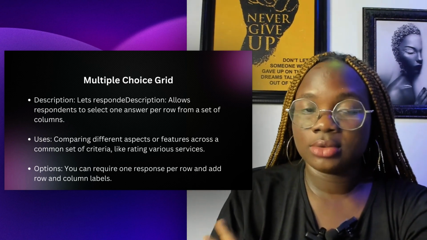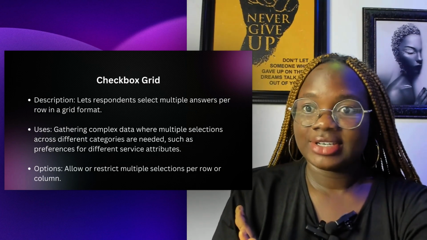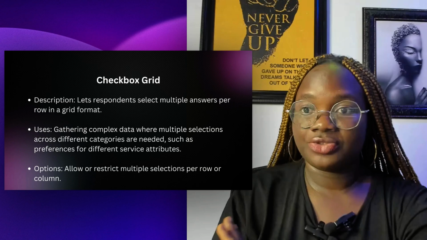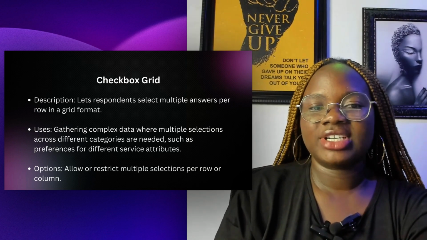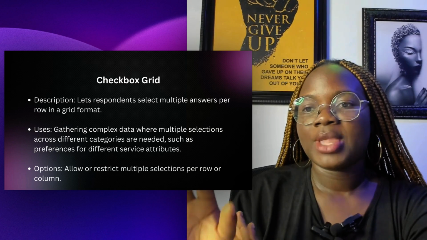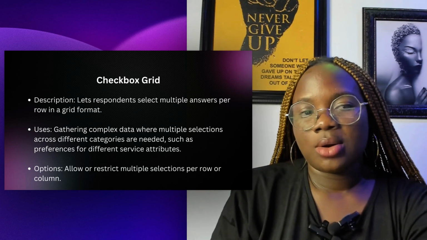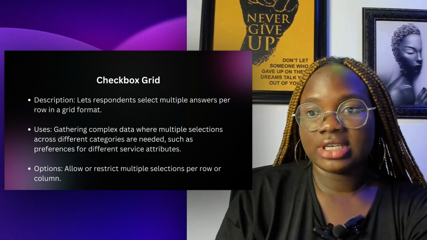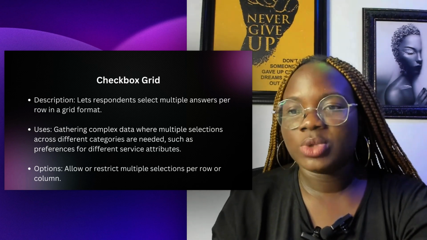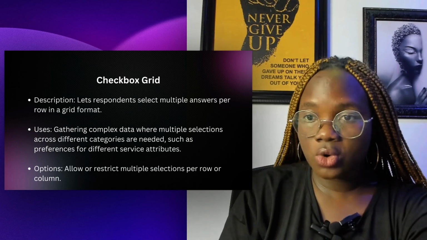I am going to go into the forms and explain this better. The checkbox grid is just like the multiple choice grid, the only difference is that the respondents can pick multiple answers on the same row, while in multiple choice grid they can only pick one.